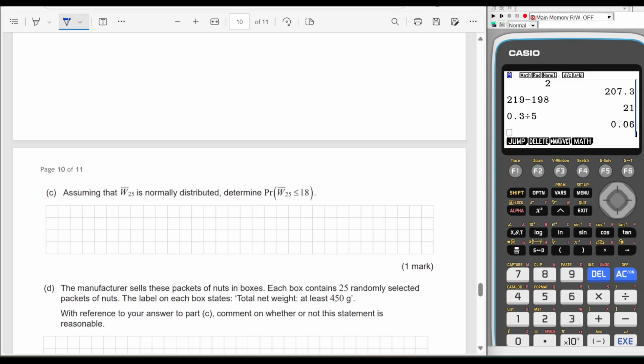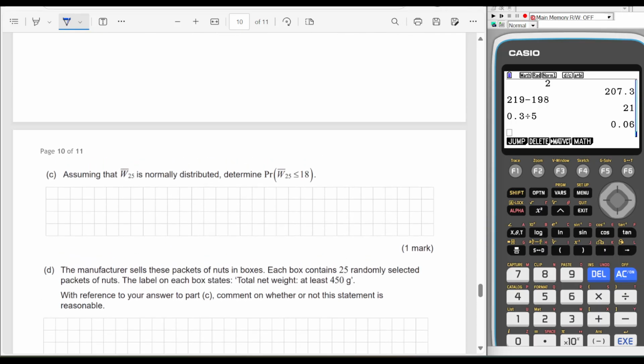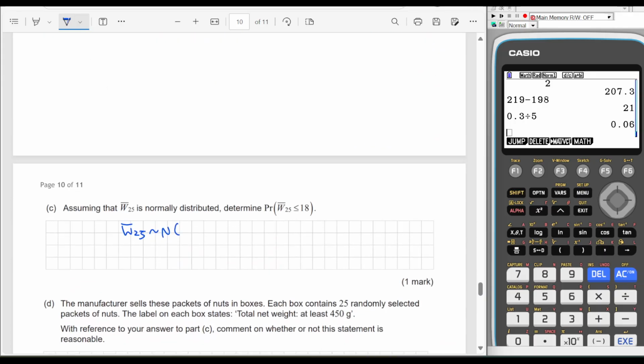Now, if the question asked you, actually, I think it does. So let's do that later. Determine the probability that that's less than 18. So W bar 25 is distributed normally. It's got a mean of, whatever we worked out that was, 18.2. It's got a standard deviation of 0.06.